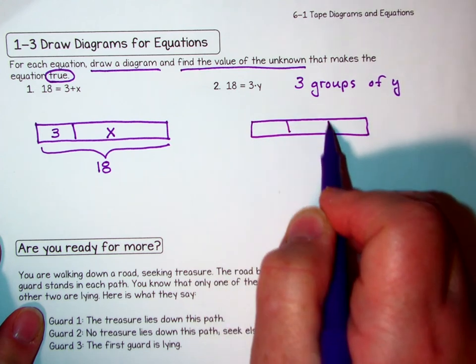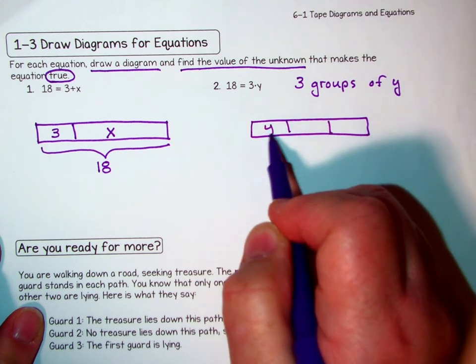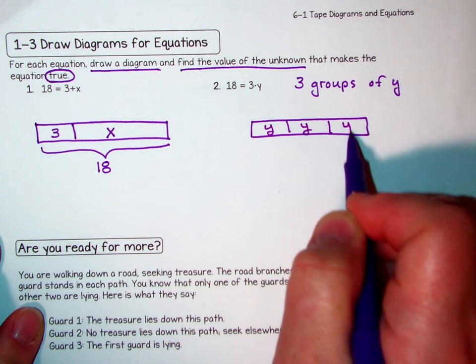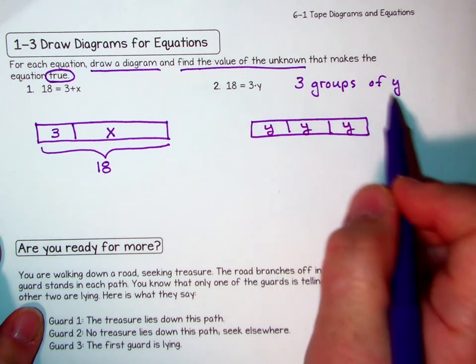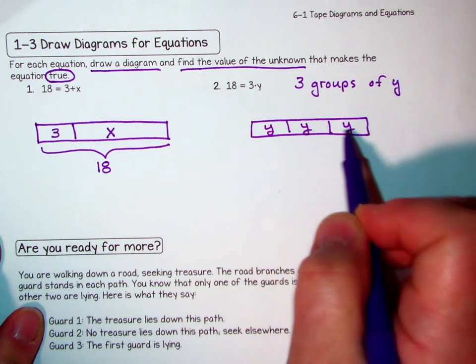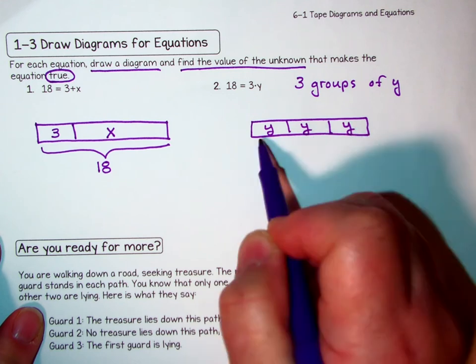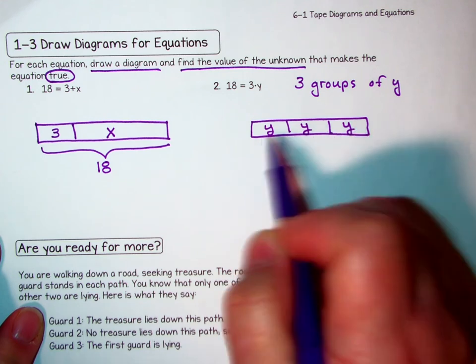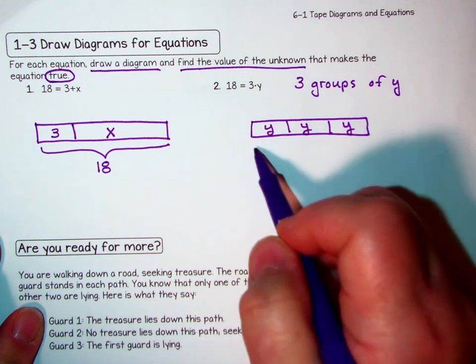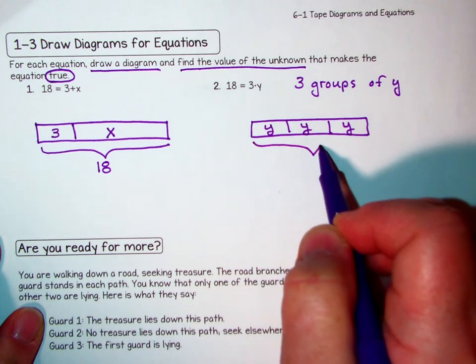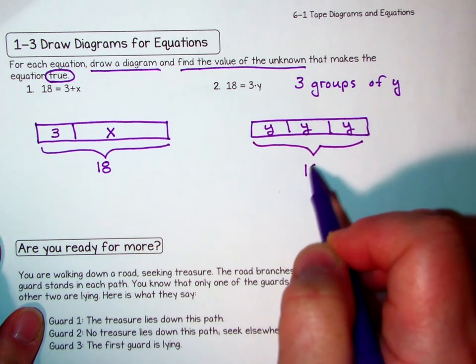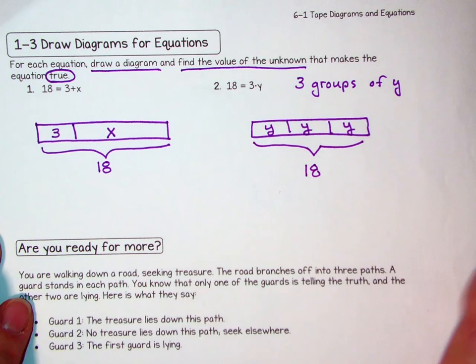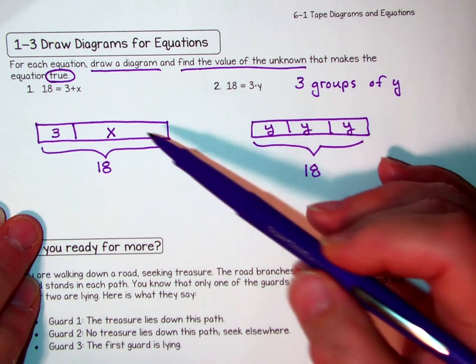And I want to make them equal because each one is equal to y. Remember, I don't know what y is, but y represents just a single number. So each of these segments represents the same value. And then the total is 18. So there's my tape diagrams, and now I want to use them to solve my equations.